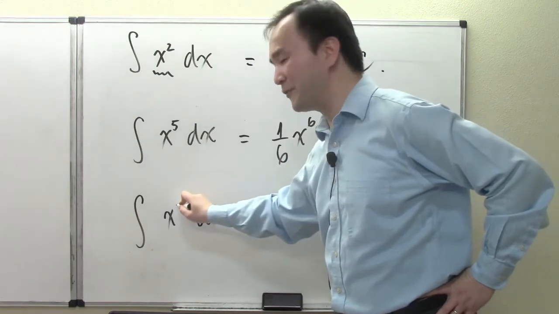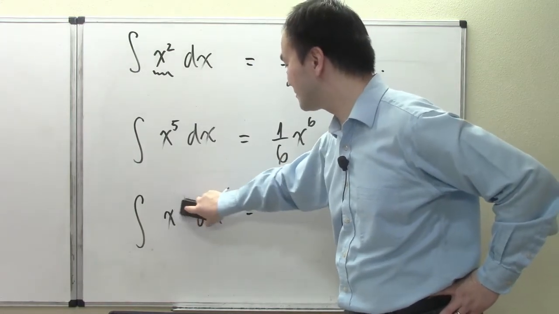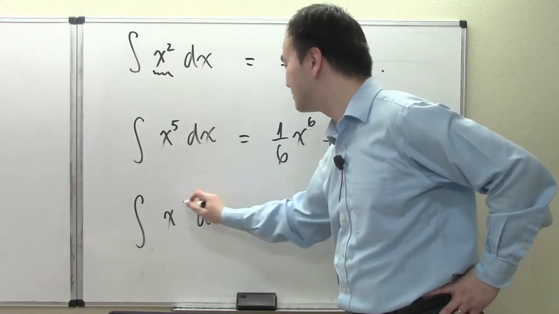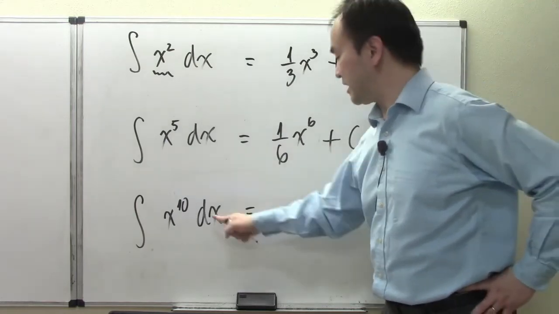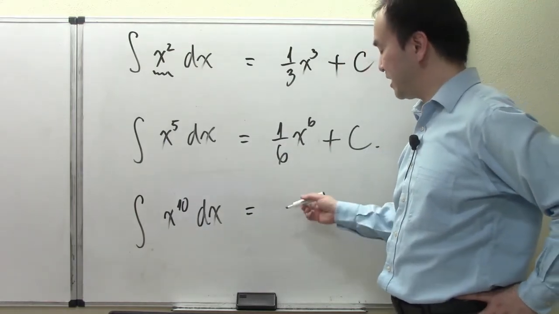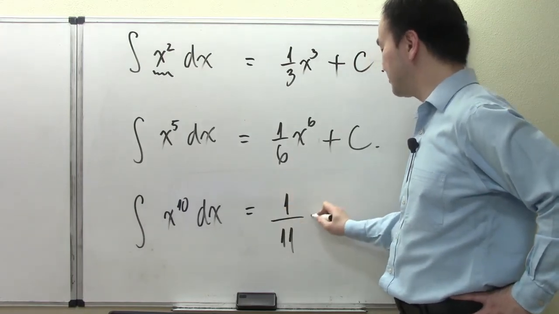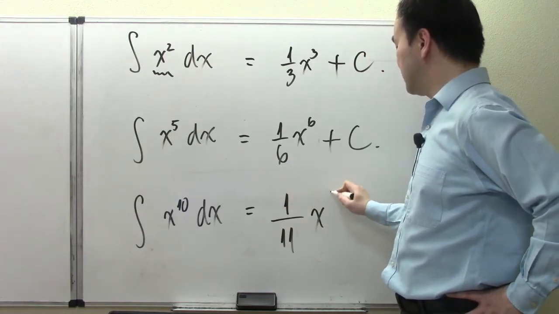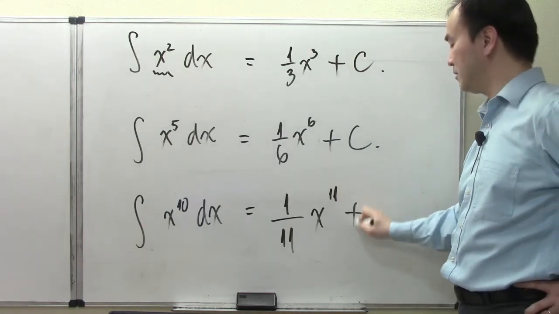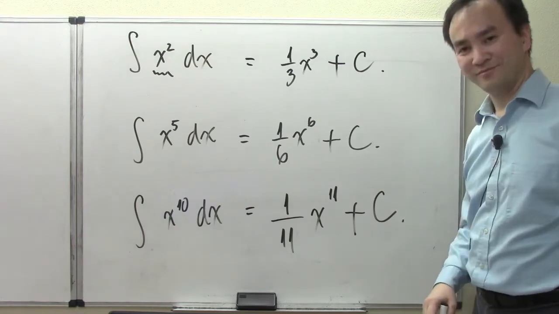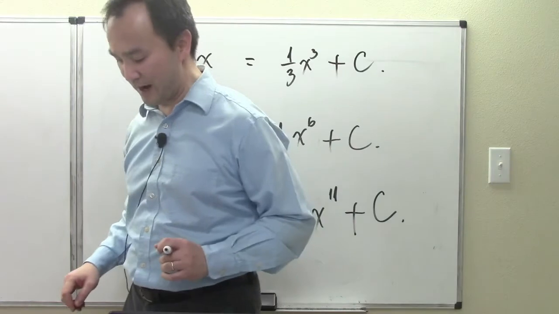The one I left for viewers and my students to try was x to the 10th. So finding that antiderivative gives me 1/11 times x to the 11. But now don't forget, plus c. All right, and so now the rule and the formulation that I was talking about is here.